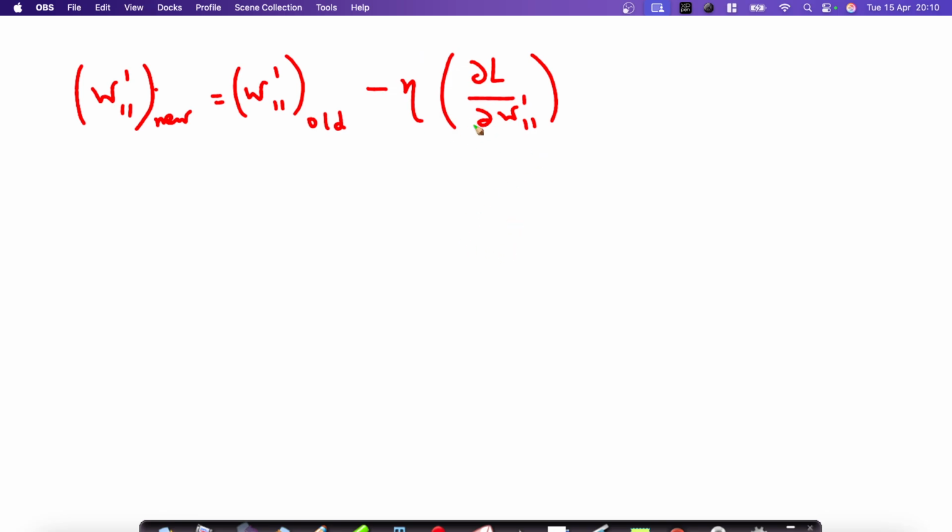Along with that, we have something called the derivative, the partial derivative, right? Or this can be said as the gradient of the loss, right? Now just understand this. If we expand this particular thing, we can write it like this. So old minus eta times. Now let us expand this particular term.